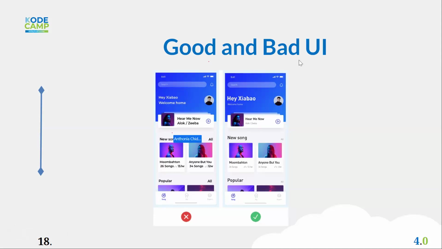For the hear me now, it should actually be smaller than the second one. What you want the users to see is hear me now, of course, and the song below from the designer should not be really prominent like in the first one. Then it's just the same. It's just hierarchy and things being in order.